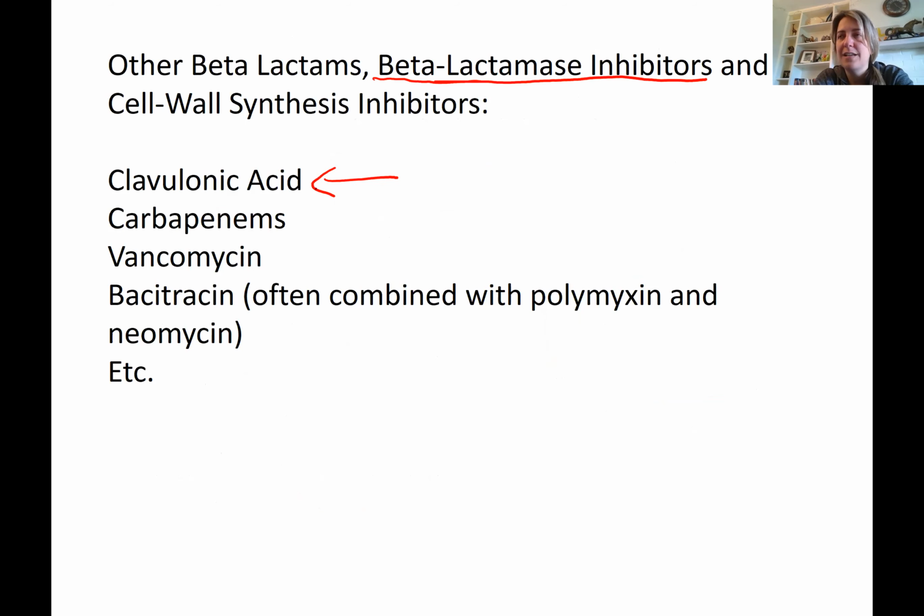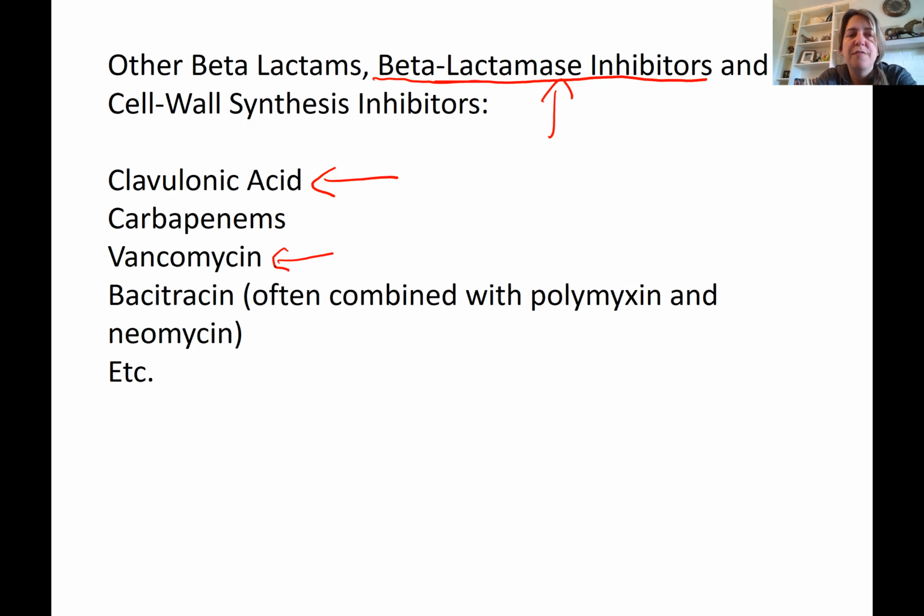If you have taken the medication called Augmentin, that's amoxicillin plus clavulanic acid, because when you add clavulanic acid to the mix, you're adding something to prevent the bacteria from breaking it up. And so that means it has better action. Just amoxicillin is very simple, and there are bacteria that are going to be resistant to it. When you add the clavulanic acid, it increases its spectrum, making it more broad, okay?